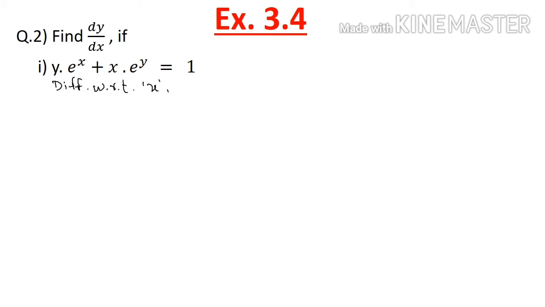Now see, this first term is y into e raised to x. That means we have to use the formula of d dx of u into v, that is u into dv by dx plus v into du by dx. So we get y into d dx of e raised to x plus e raised to x into d dx of y, plus, now even the second term is the product of two terms, so we use the same formula.